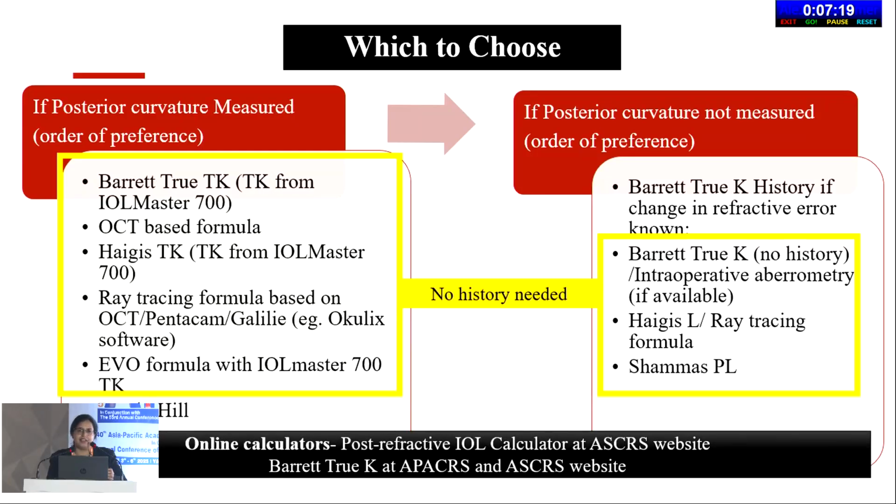Online calculators have made life very simple for us. We have the post-refractive IOL calculator at the ASCRS website, Barrett True K at the APACRS and ASCRS website. Use these resources at your disposal. They are freely available. And when in doubt, when you're comparing two or more formulas, use the flattest K and the highest IOL power you get.